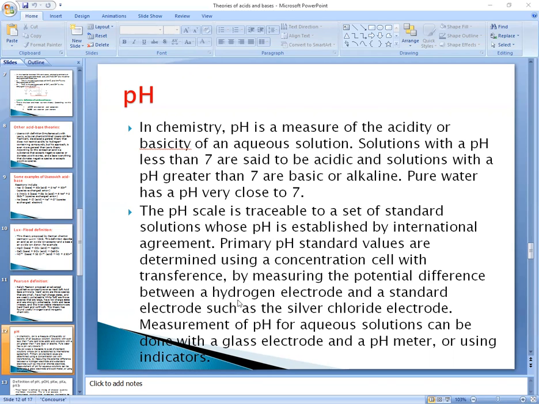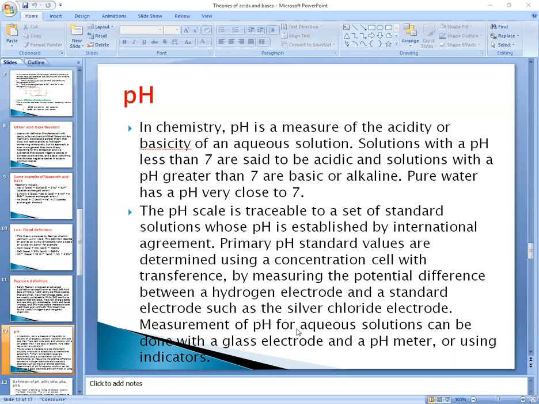Standard electrode and hydrogen electrode के दरमियान जो potential difference है इसको measure कर देते थे, और इस potential difference से हम बता सकते थे कि what's the pH of the solution. Standard electrode से मुराद है silver chloride electrode, this is considered to be a standard electrode, और hydrogen electrode. तो silver chloride electrode, hydrogen electrode के दरमियान जो potential difference आ जाता था, that usually called as the pH of a solution.